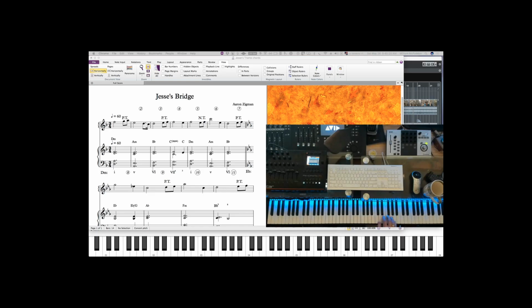Then in measure 2, we have E, which is a chord tone. And then notice the D is between the two chord tones E and C, so it's a passing tone.